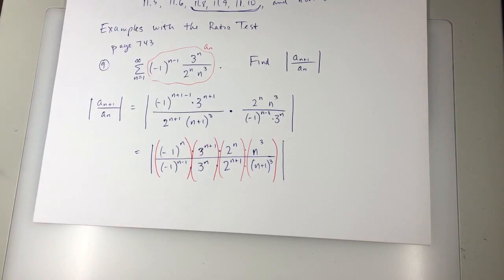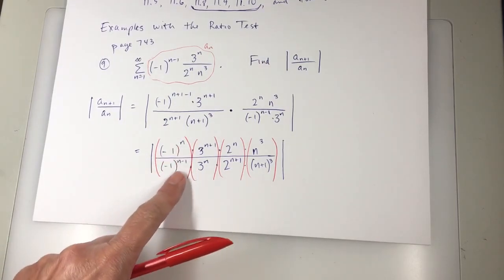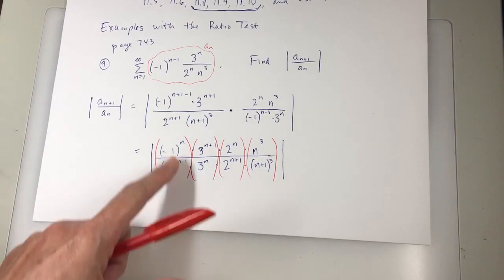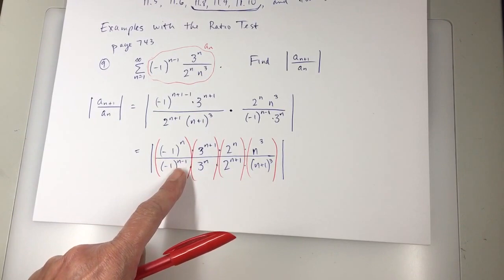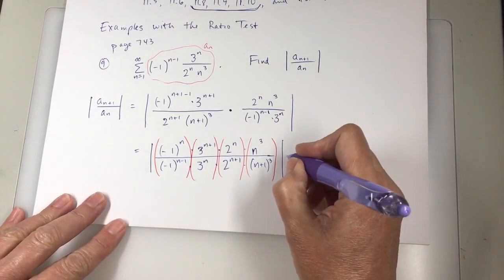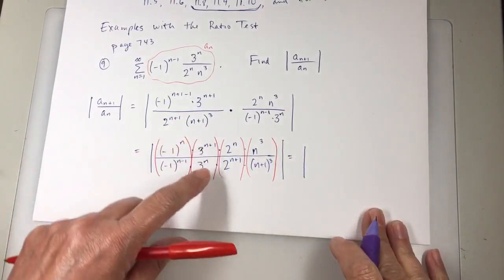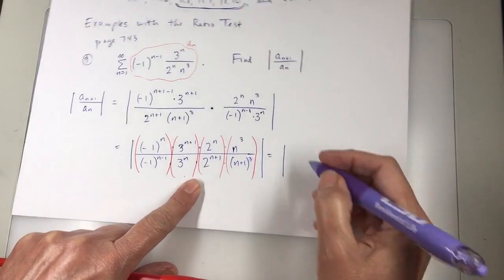And reduce these expressions. Well, the absolute value is going to do what with the negative 1? Totally get rid of it. Although if you simplified these exponents, you would end up with a negative 1, but we don't need to worry about that. Absolute value takes care of that. How about 3 to the n plus 1 over 3 to the n? That's 3.